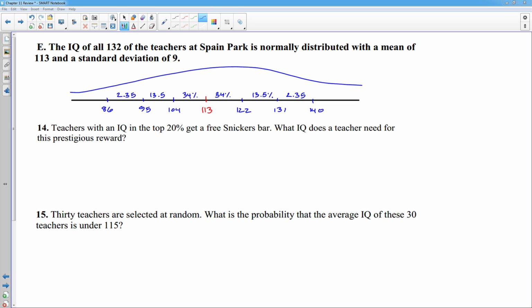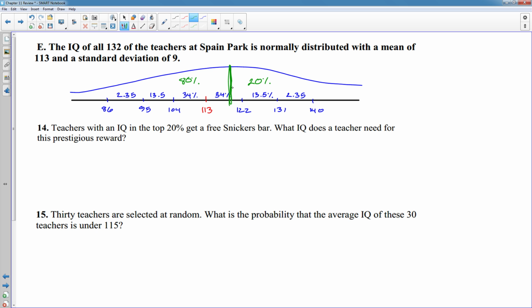So if I want the top 20%, I need 20% on the right side. The cutoff is going to be somewhere around in here where I want 20% on the top end, which means I need 80% on the left end.